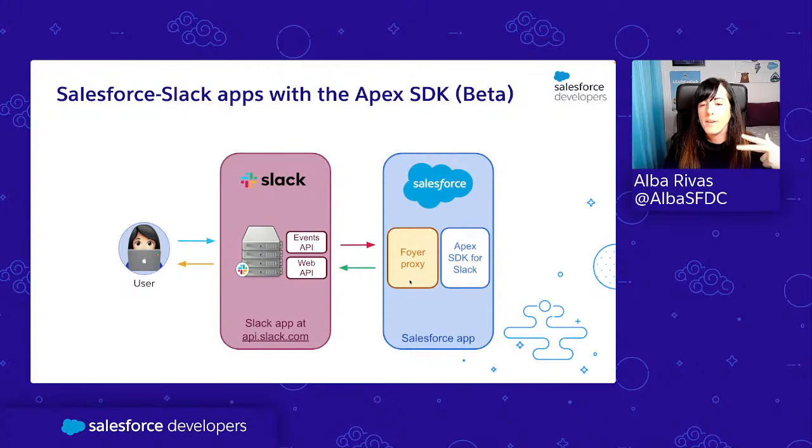Because your app may be installed in different Slack workspaces and may be working with different orgs, and all that from a secure perspective, in a secure way, and also with performance in mind.